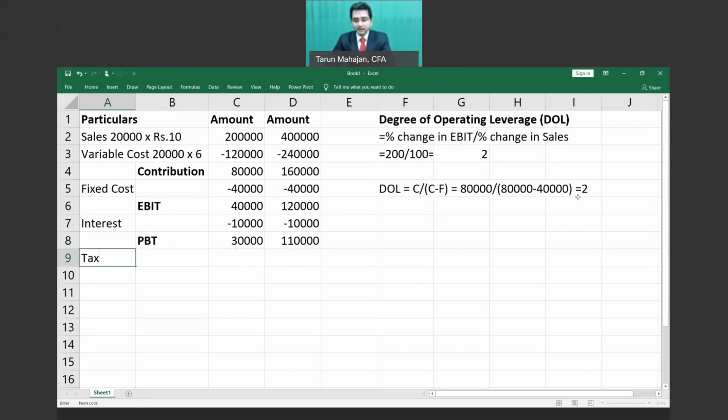Then I deduct tax. And suppose tax rate is say 30%. So I'll just calculate 30% of this figure. It is 9,000 and 33,000. Then I'll get profit after tax. And this profit after tax is 21,000 and 77,000.